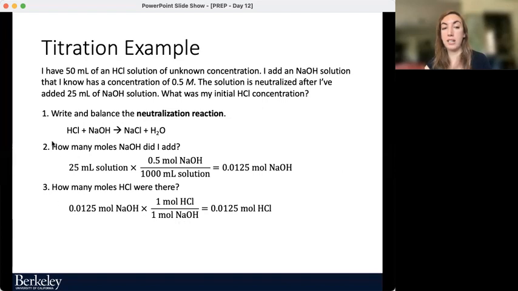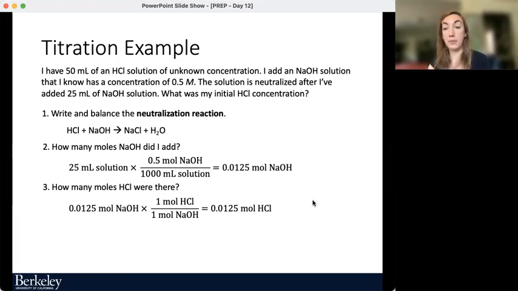So if I needed 2 moles of NaOH for every 1 mole of HCl, I would need to use those stoichiometric coefficients here. So this is why it's always important to balance our reactions, because later you might need the stoichiometric coefficients. So in this case, I need 1 mole of NaOH to neutralize 1 mole of HCl. So that means that I originally had 0.0125 moles of HCl.